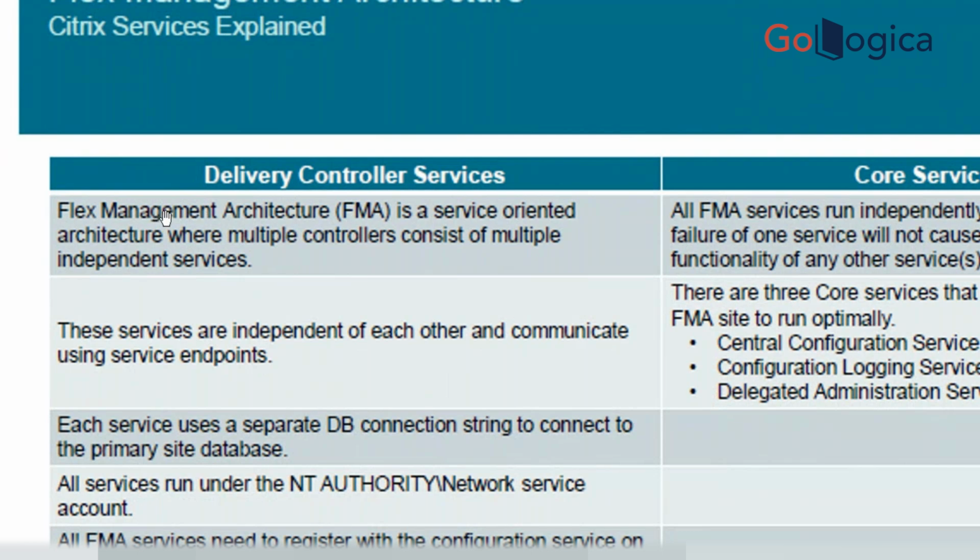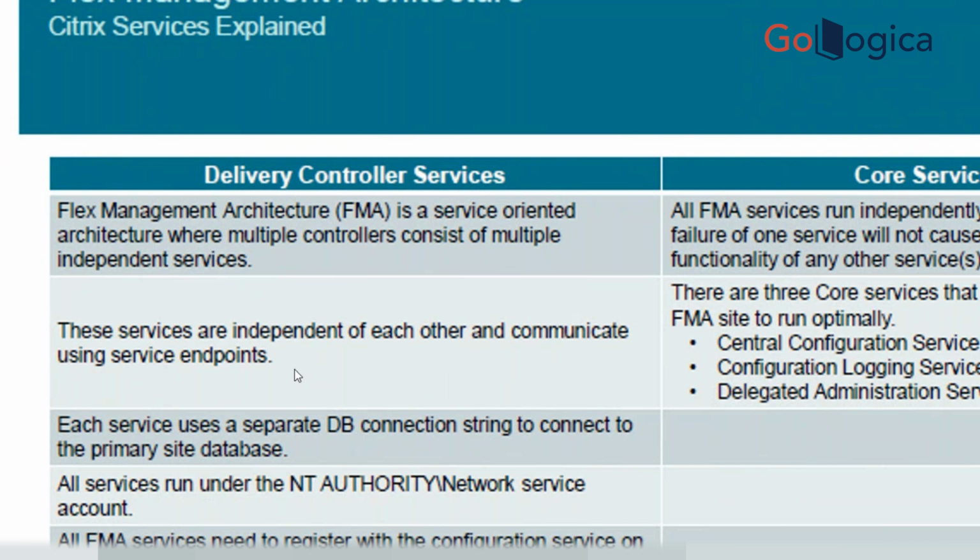These services are independent of each other and communicate using service endpoints. Every service is independent. It will not depend on other services. Each and every service is independent. You have to remember the services are independent.